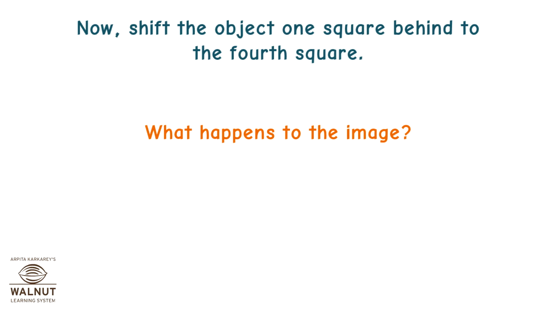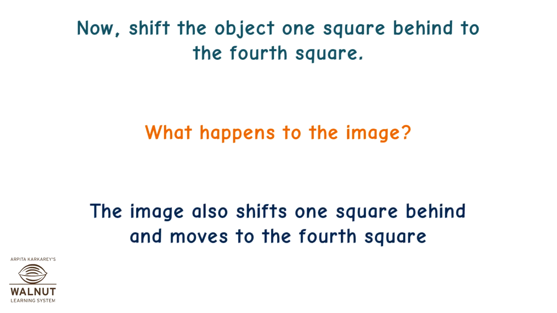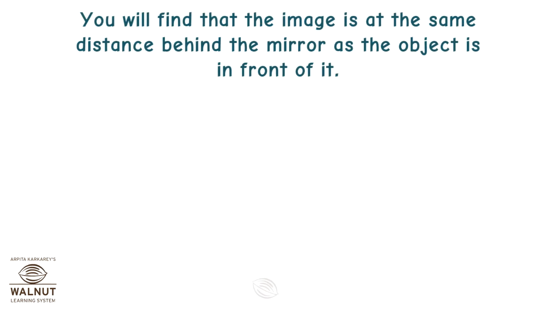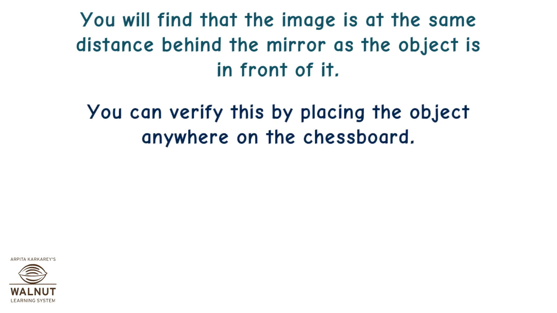What happens to the image? The image also shifts one square behind and moves to the fourth square. You will find that the image is at the same distance behind the mirror as the object is in front of it. You can verify this by placing the object anywhere on the chessboard.